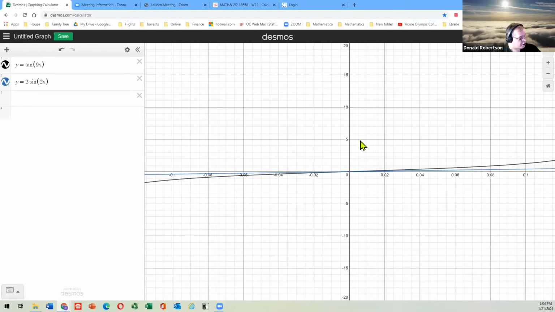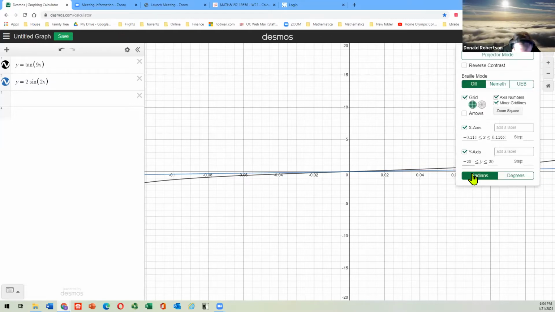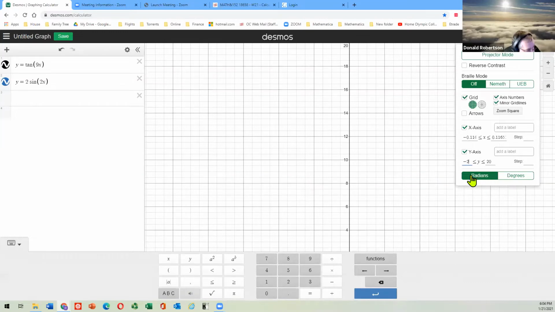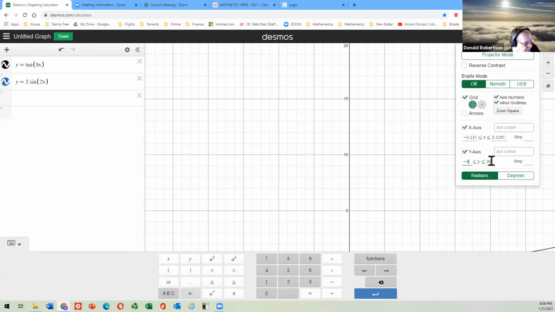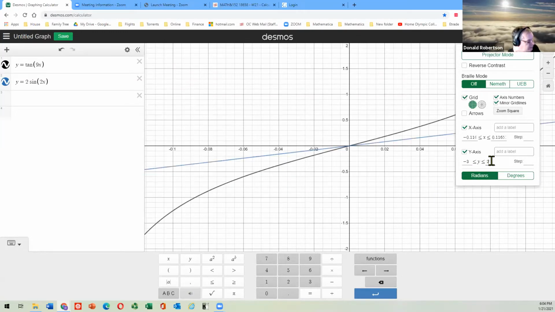And would you agree that the y values are not very helpful? It looks to me like I don't need to be any bigger than 2, so I'm going to make the y values -3 and +3.